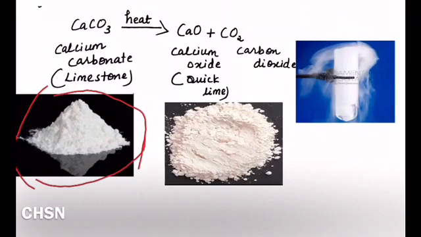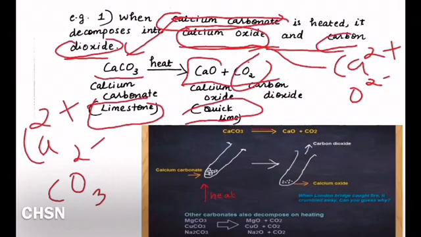If you keep the calcium carbonate in a test tube in the lab on the table, there will be no reaction. Understand? The calcium carbonate will not undergo decomposition.